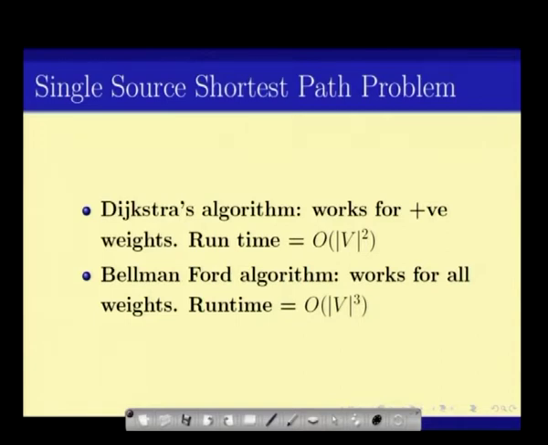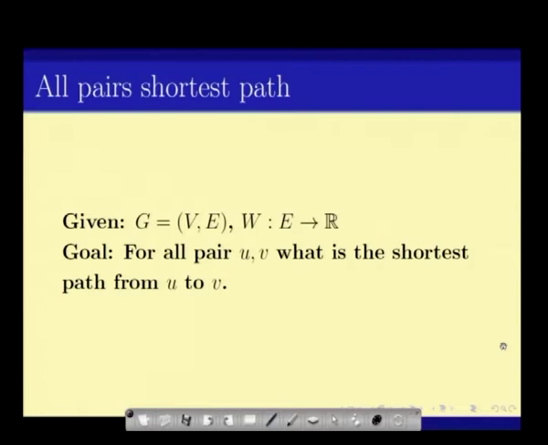For all other weights, as long as there is no negative cycle, the Bellman-Ford algorithm will find the shortest path of a single source shortest path problem in order V cubed steps. A natural generalization of this question is: say I am given a map or a graph, and now I ask what is the shortest distance between any pair of vertices. I give you u, v, for all u, v you have to give me the shortest path from u to v.